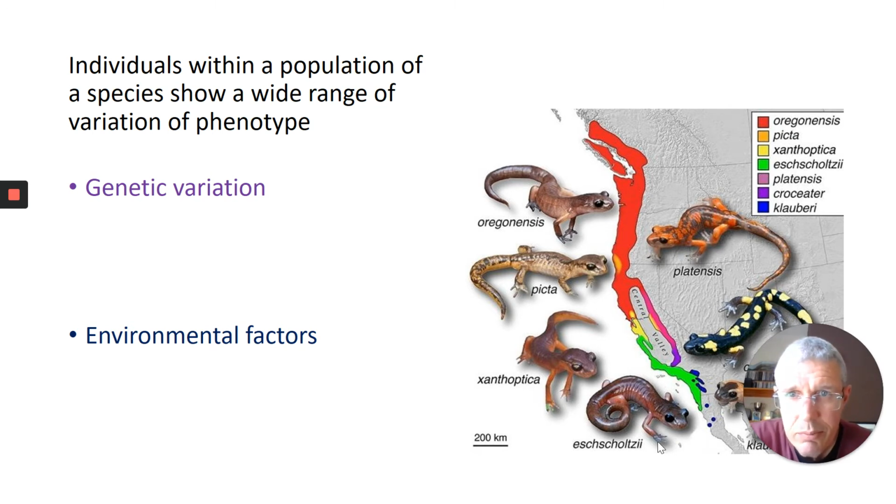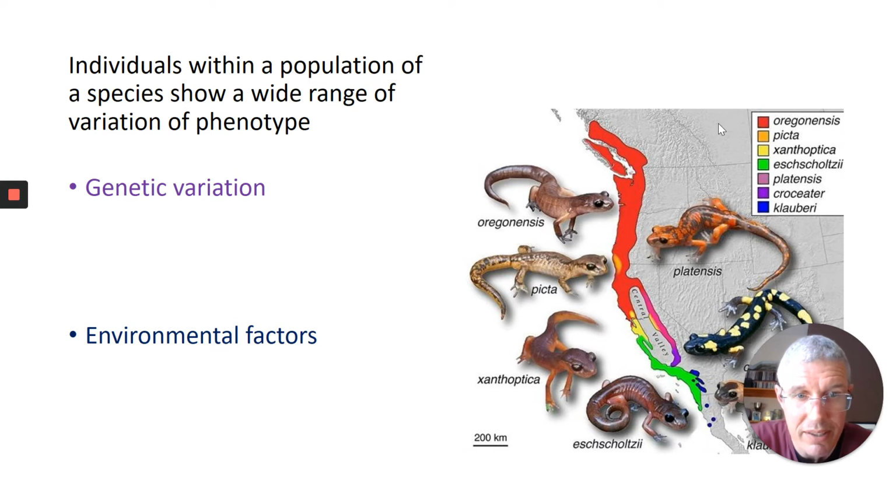So what we've got to start with, we've got a population here at the top, and they show a variation of phenotype. So phenotype is what characteristics does an organism have. It might be what it looks like, or what blood group it is, or that sort of thing. But what characteristics are evident.